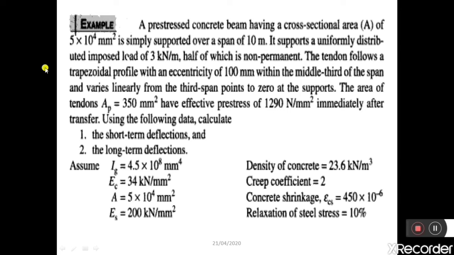The tendon follows a trapezoidal profile with an eccentricity of 100 mm within the middle third of the span and varies linearly from the third span point to 0 at the support. The area of tendon is equal to 350 mm square, having effective prestress of 1290 Newton per mm square immediately after transfer. Using the following data, calculate the short-term deflection and long-term deflection.